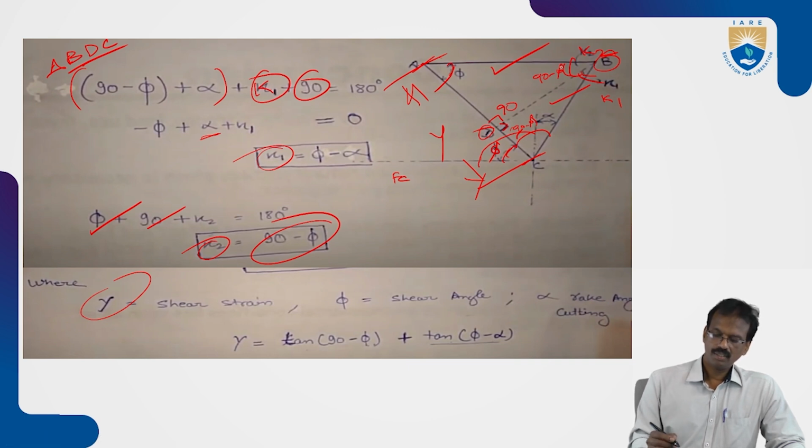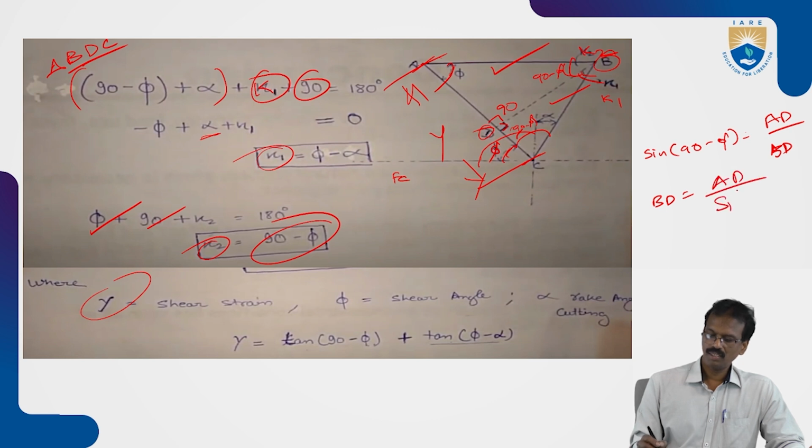So according to this triangle, sine of 90 minus phi is equal to AD by BD. You know that BD is equal to AD by sine of 90 minus phi. Sine 90 minus phi means cos phi.